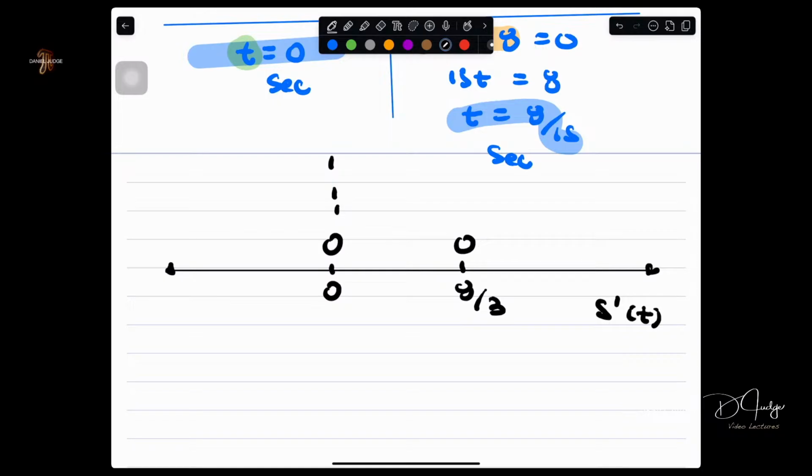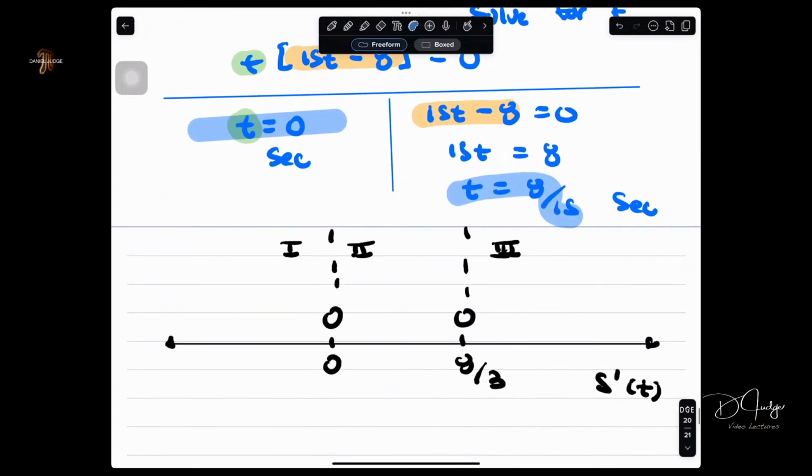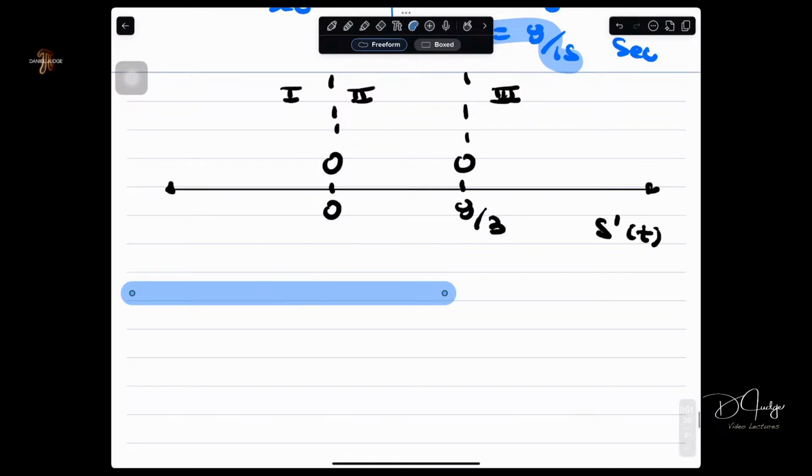And again, you partition the real number line into 3 regions like we've been doing. Here's region 1, region 2, region 3. Your derivative, which we'll test the signs for, is this function.